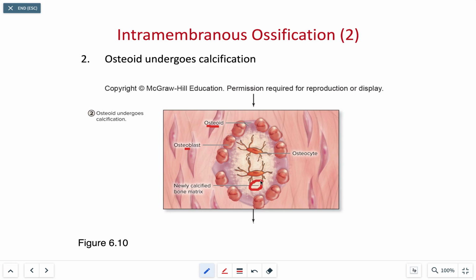So this calcification is usually first in the form of calcium salts, which are deposited inside of the ossification center. We will also begin to see the osteocytes, which are mature bone cells, which are going to then receive all of their nutrients from blood vessels.